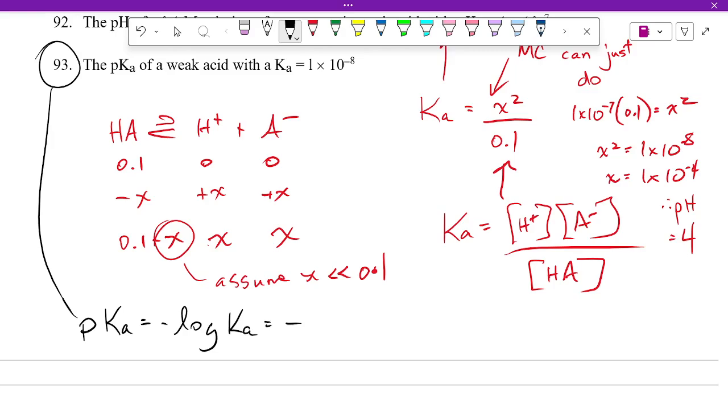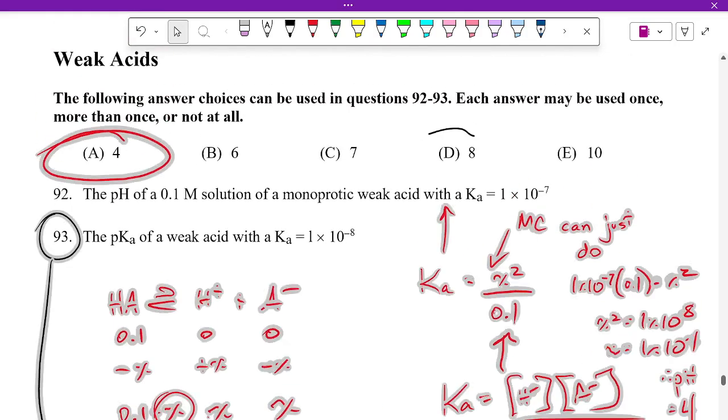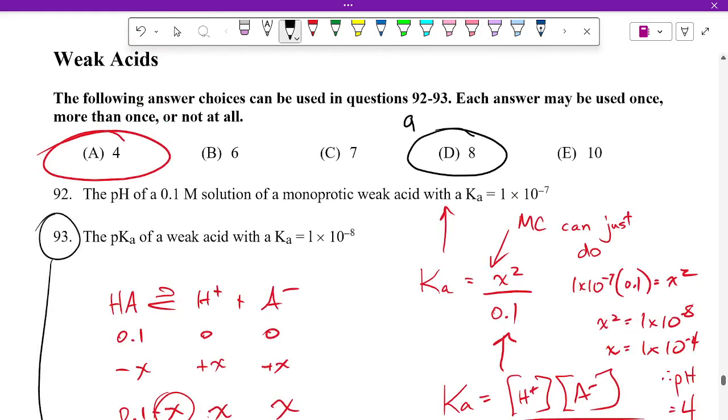So that's going to be the negative log of 1 times 10 to the negative 8, which is 8. Is this helpful? Yeah? Okay.